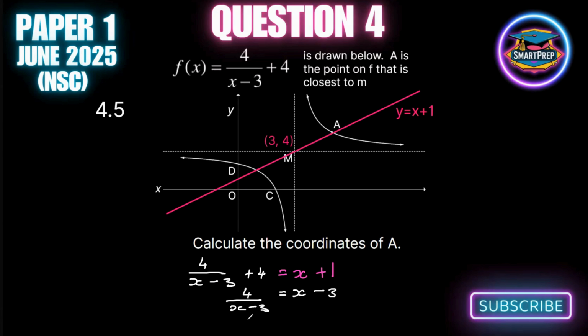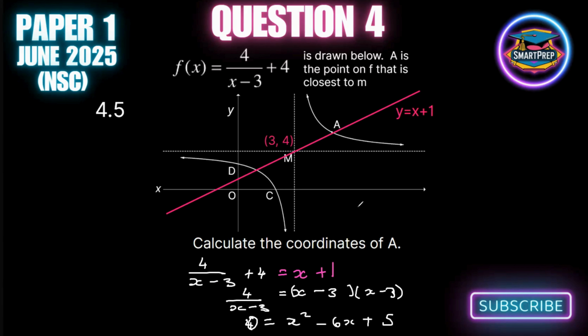Now we can times everything by x minus 3, and we get 4 equals, and then when we times this by x minus 3 on the other side, we get x squared minus 6x plus 9. So when the 4 goes across, we get a 5, and so we'll have x squared minus 6x plus 9 plus 5, and that'll be equal to 0.